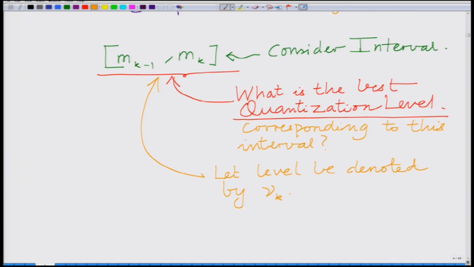Now, how do we choose this optimal quantization level nu k? Obviously, we are interested in the lowest quantization error, that is we are interested in minimizing the power or the variance of the quantization error. So, we should choose the quantization level nu k in such a way that it minimizes the quantization error, but quantization error is a random quantity, therefore, we should choose it in such a way that it minimizes the variance of the quantization error. Okay.